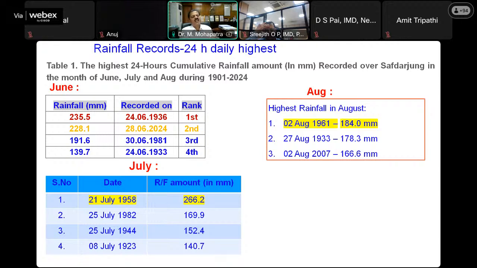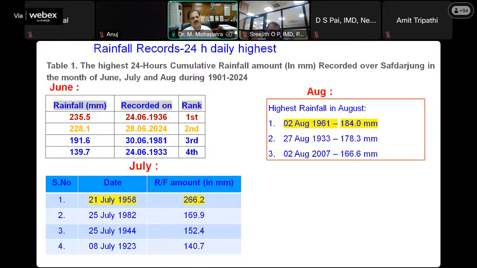That means what I want to say is that heavy to very heavy rainfall occurs in the month of June also, but extreme heavy rainfall is very rare, and the highest has been in 1936, followed by 2024. If I look at the similar situation in July, because we are going towards July, the highest 24 hours rainfall recorded so far is 266.2 millimeter, which occurred on 21 July 1958, followed by 1982, 1944, 1923.